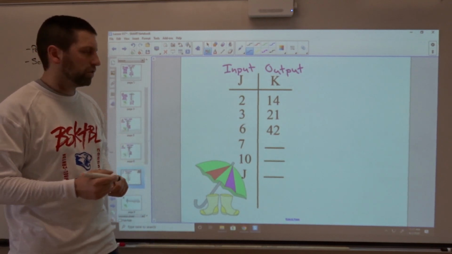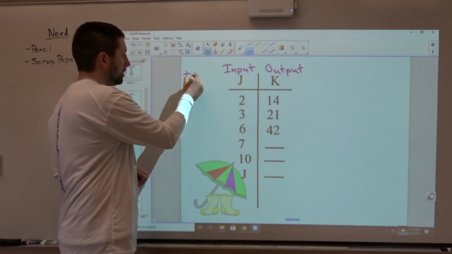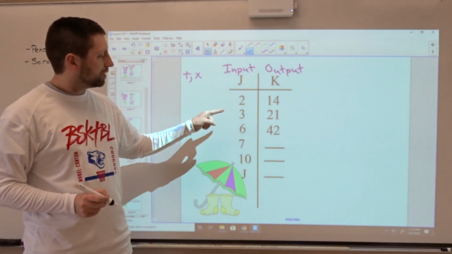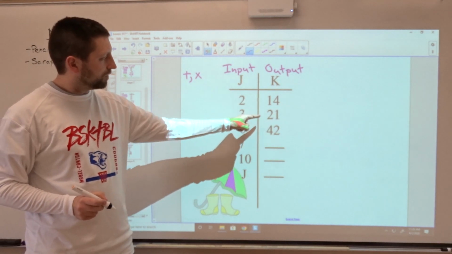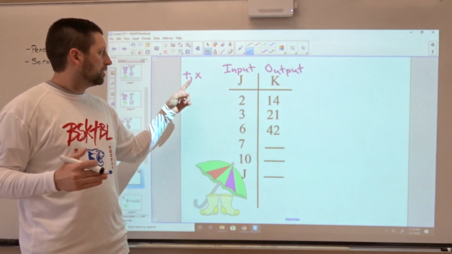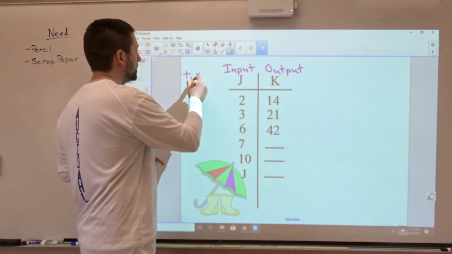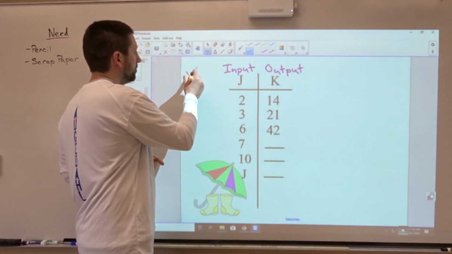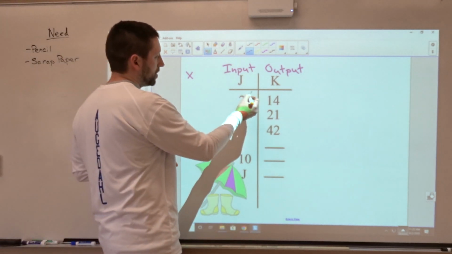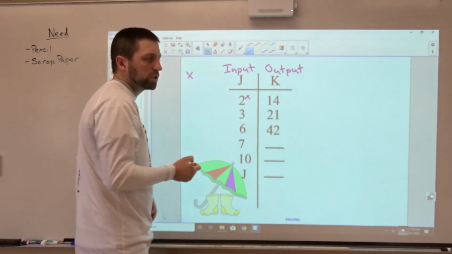I could be adding, or I could be multiplying, but the difference here is very, very different. The numbers are getting further and further apart. So I know that it's probably not adding. I am probably multiplying.